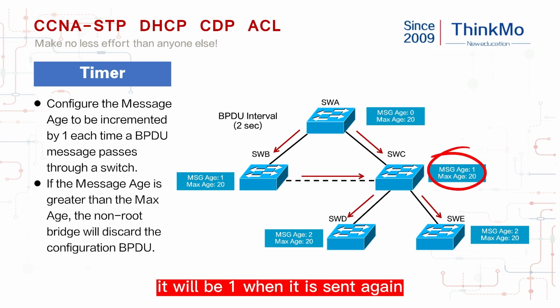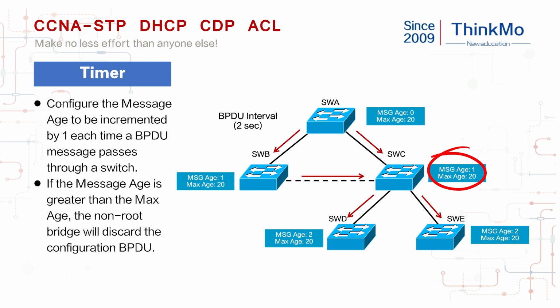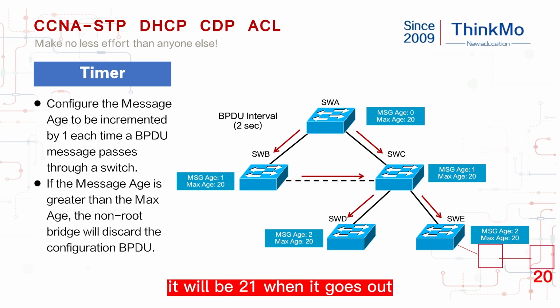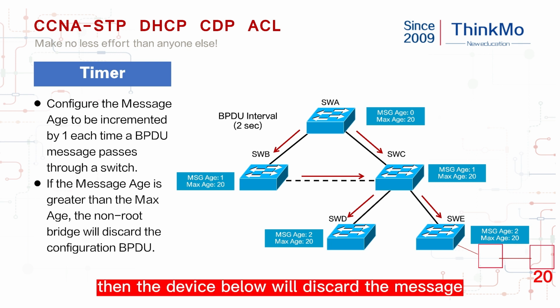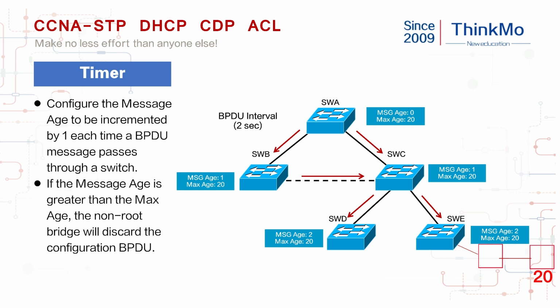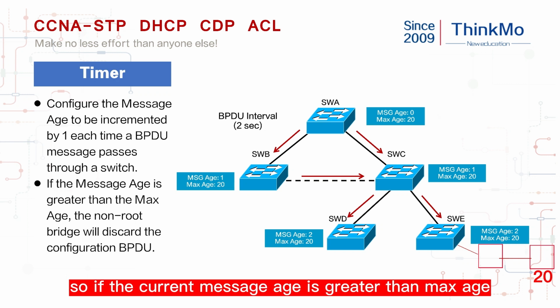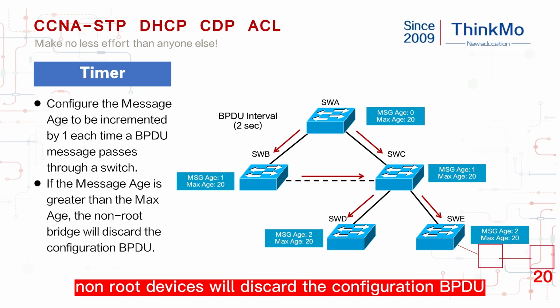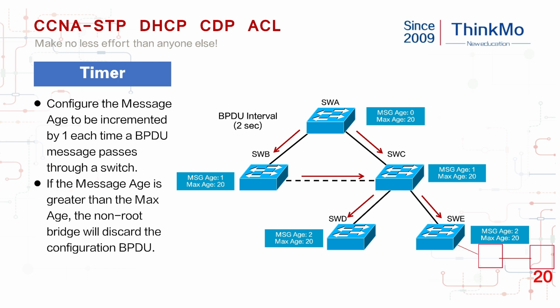When sent again by the next device it will be 1, then reissued as 2, and so on. Suppose a device receives it at 20, it will be 21 when it goes out. Then the device below will discard the message. So if the current message age is greater than max age, non-root devices will discard the configuration BPDU.